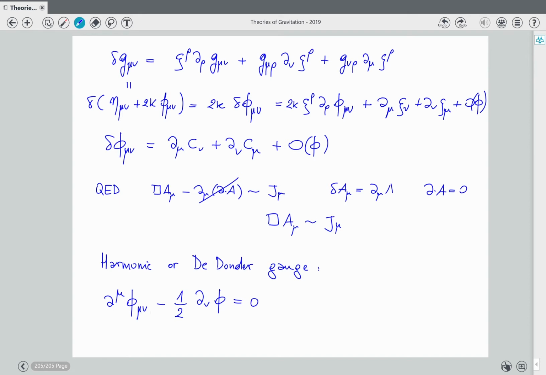Let's see if this fixes the gauge, and actually we will also see whether, to the lowest order, considering this gauge transformation, there is a residual gauge. So let's compute the gauge variation of this condition and see what happens when it is 0.